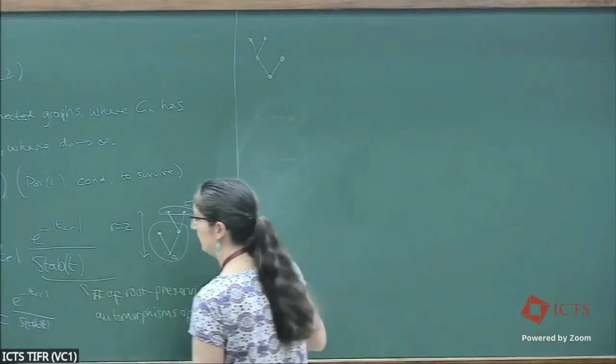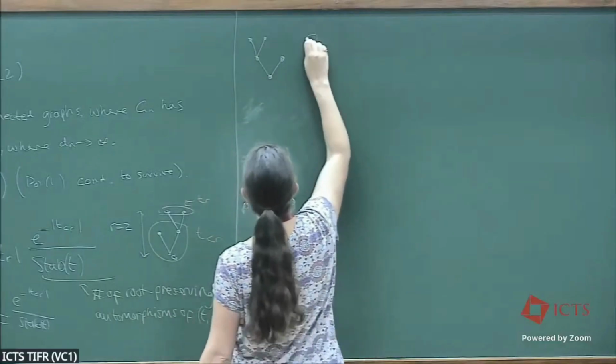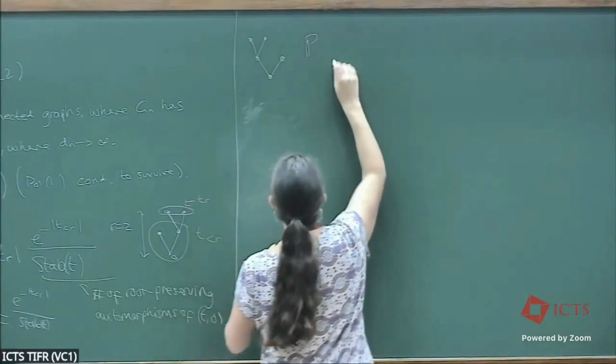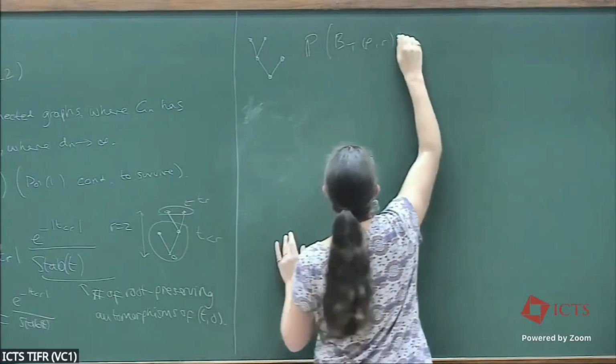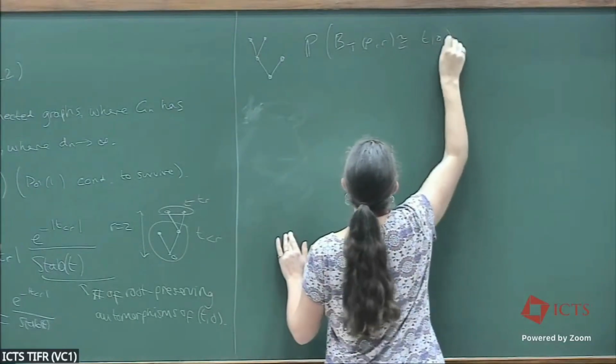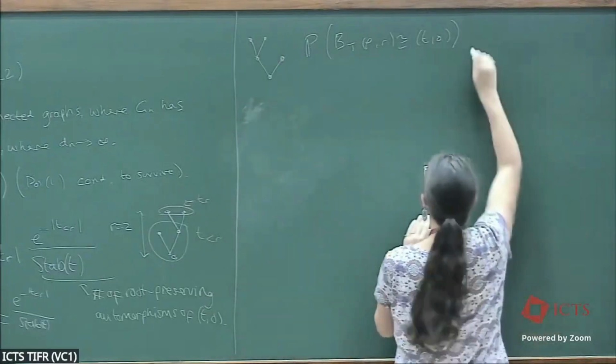So let's do it here. The probability that the ball of radius R around the root is isomorphic to T0 is going to be a sum over the number of embeddings.